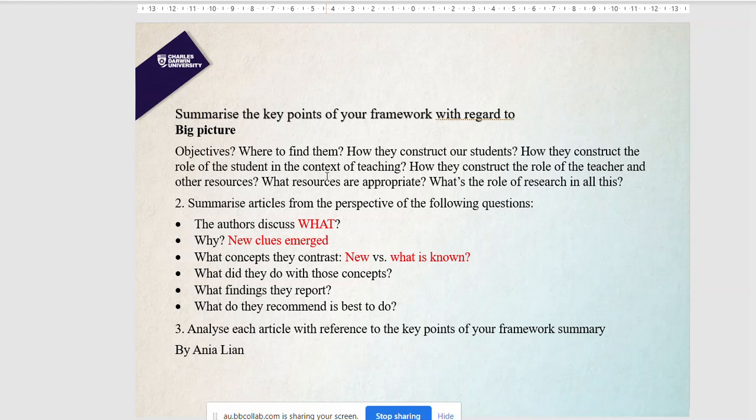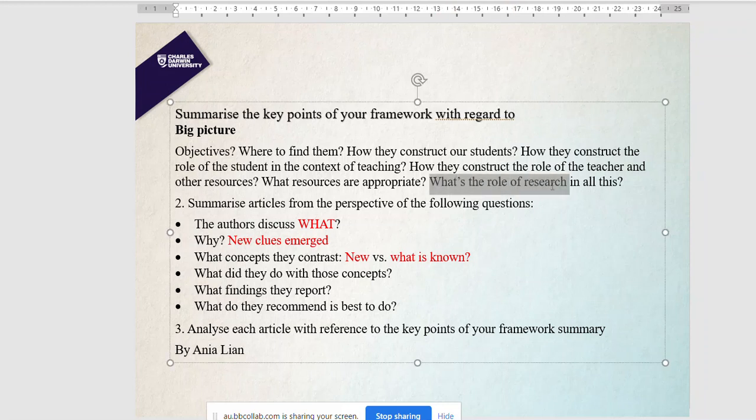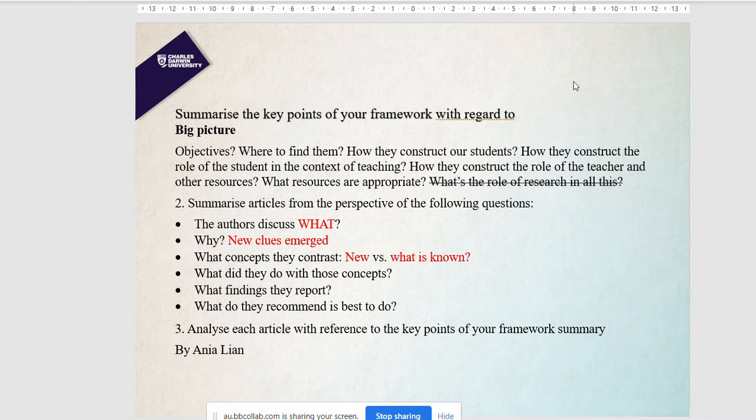What's the role of resources? You may or may not, I haven't thought deep enough on it, so maybe you can ignore what's the role of research in all of that. I think you can just ignore that, but I added it there because I would think about it, right? So what's the role of research? But yeah, that's very simple now, right?